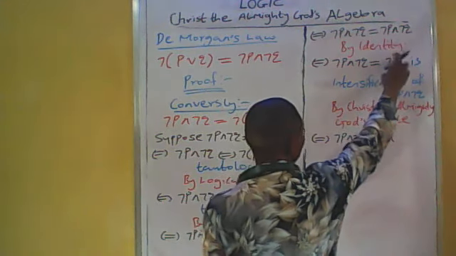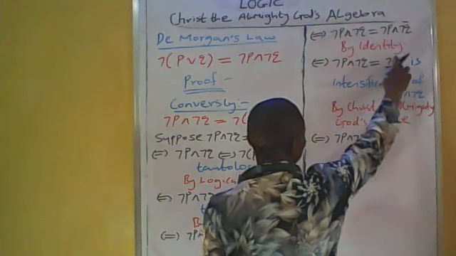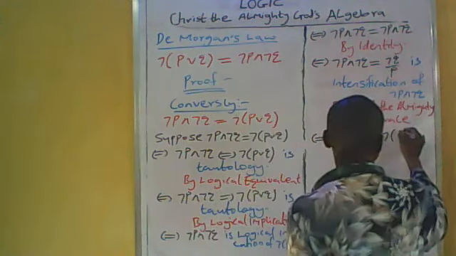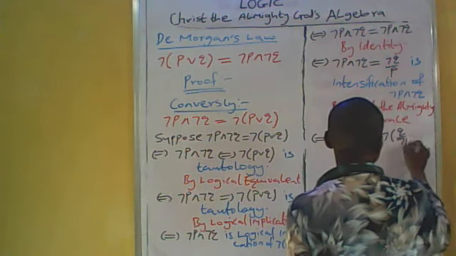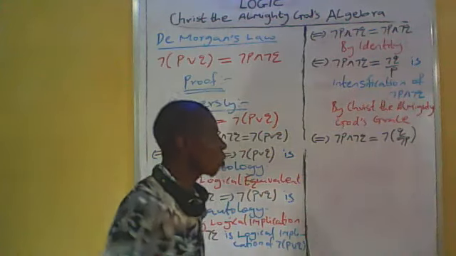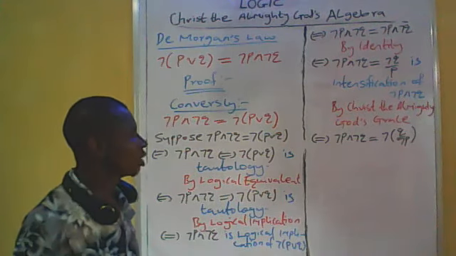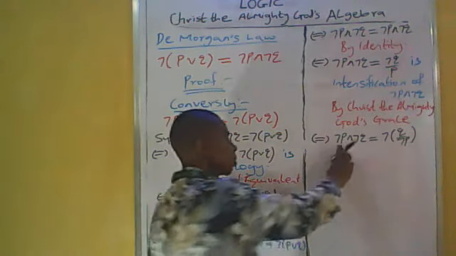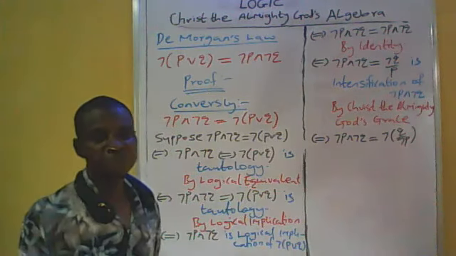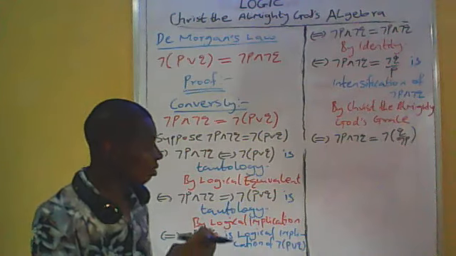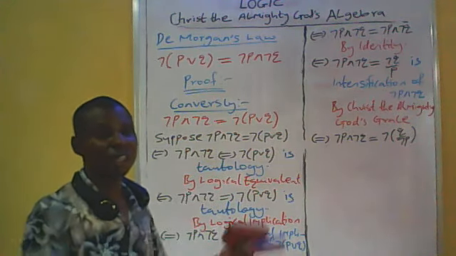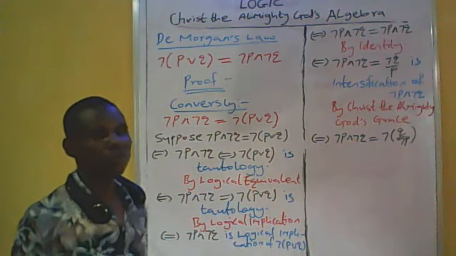Since this not Q is negative, it's going to become positive Q. That means you have Q upon not P. You see that the right hand side of the equation is now equal to the left hand side of the equation. That now turned to law.